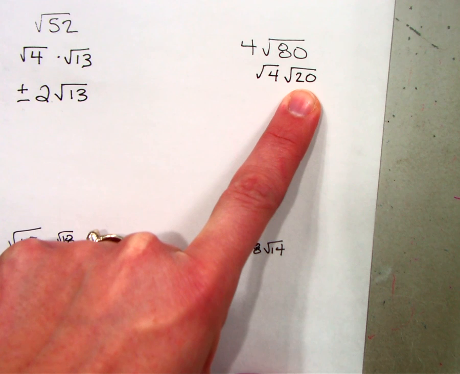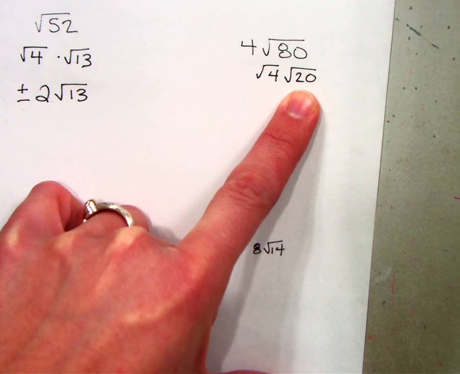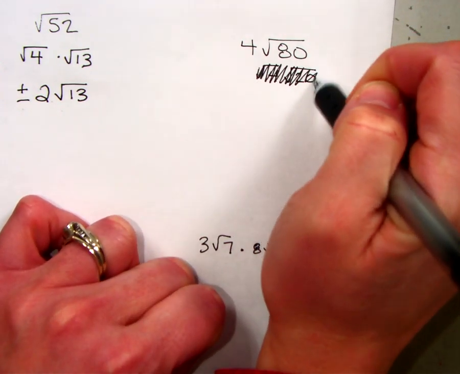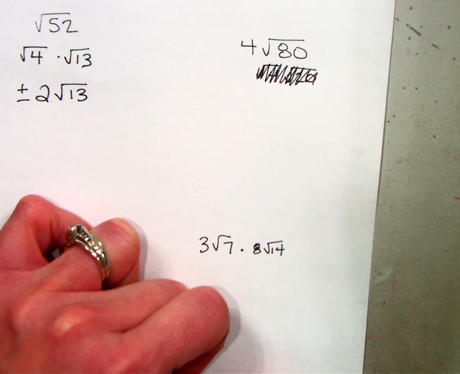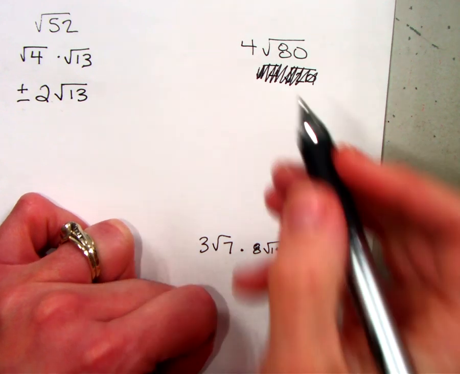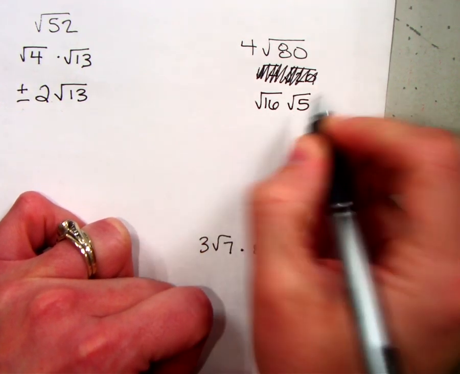Can you divide 20 by 4? Yes. So that means you didn't find the biggest perfect square. So I have to go back to the drawing board and keep dividing to find a bigger perfect square. What's the bigger perfect square inside of 80? 16. 16 and 5. Okay, so we're going to use 16 and 5.